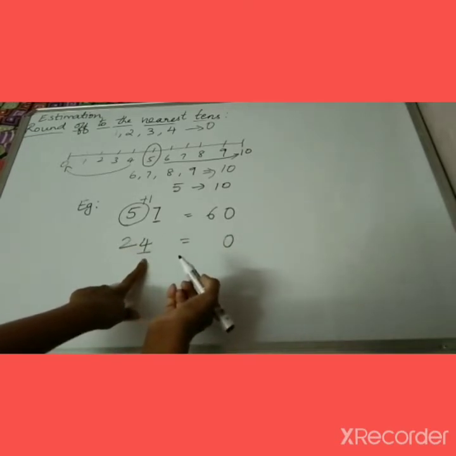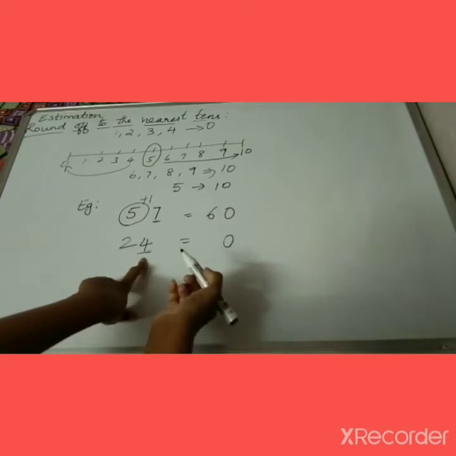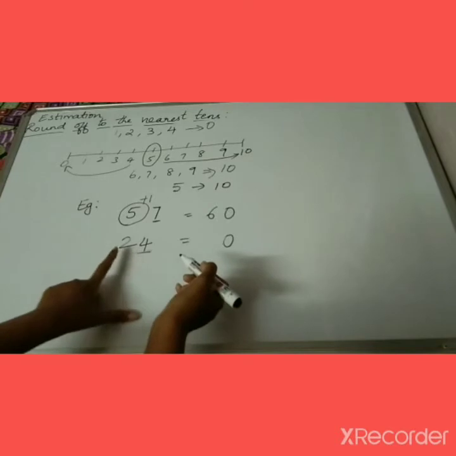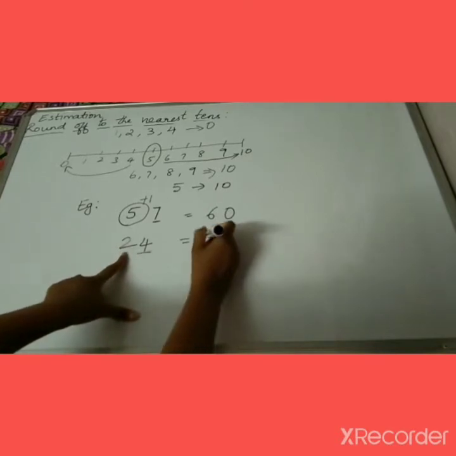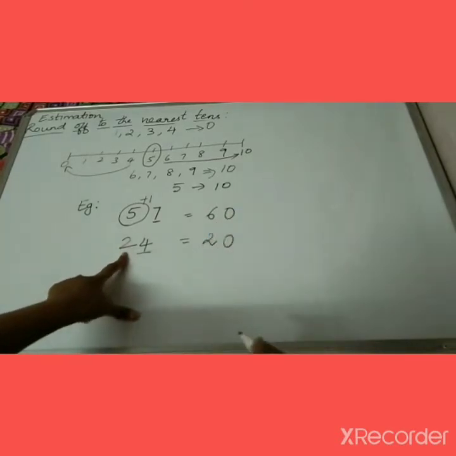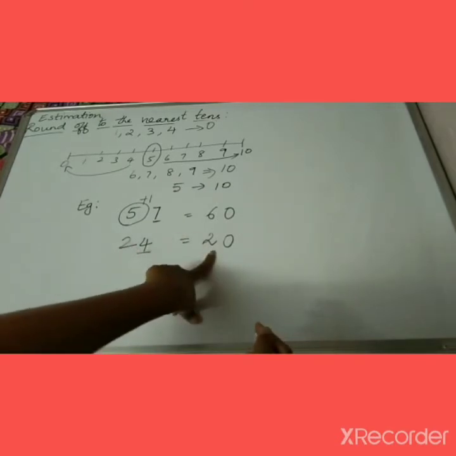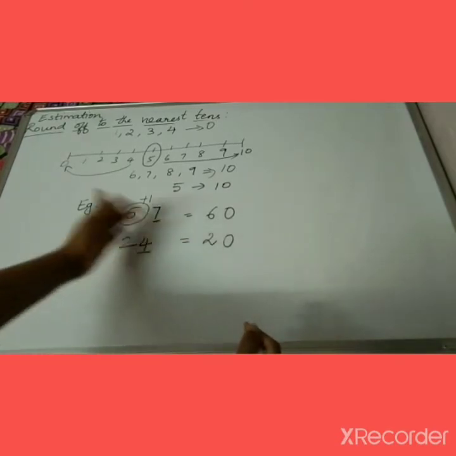If the ones place number is less than 5, then you will put the same number. The number given here is 2, so the same number you will put here. Can you understand the difference?